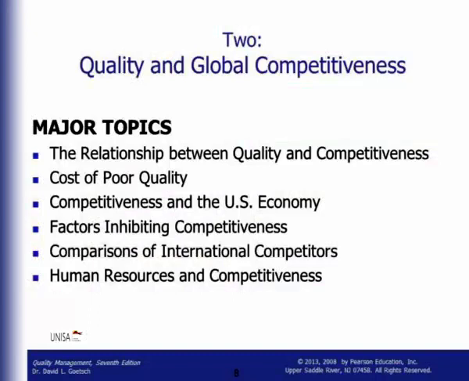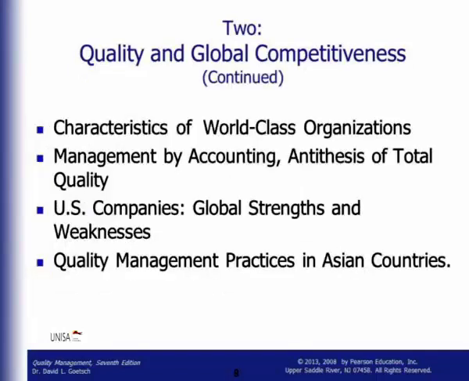Then we go back to factors inhibiting competitiveness, comparison of international competitors, human resources and competitiveness. Characteristics of world-class organizations, management by accounting, antitheses of total quality, U.S. companies, global strengths and weaknesses, quality management practices in Asian countries.